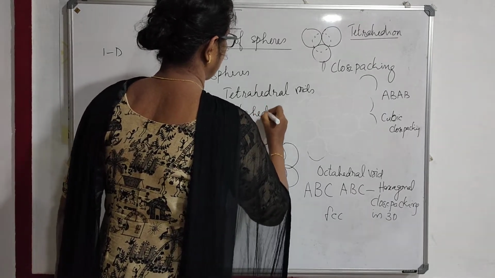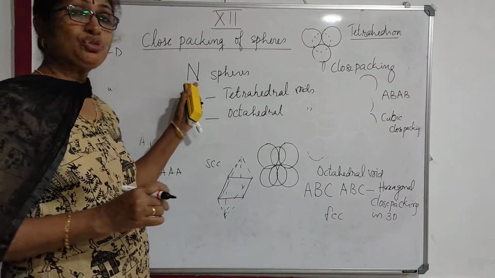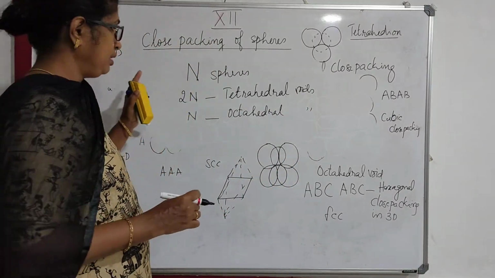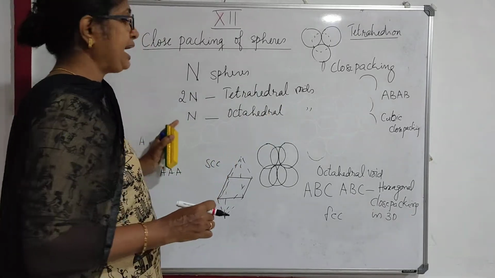So, if you arrange n spheres in close packing, there will be 2n tetrahedral voids and n octahedral voids.